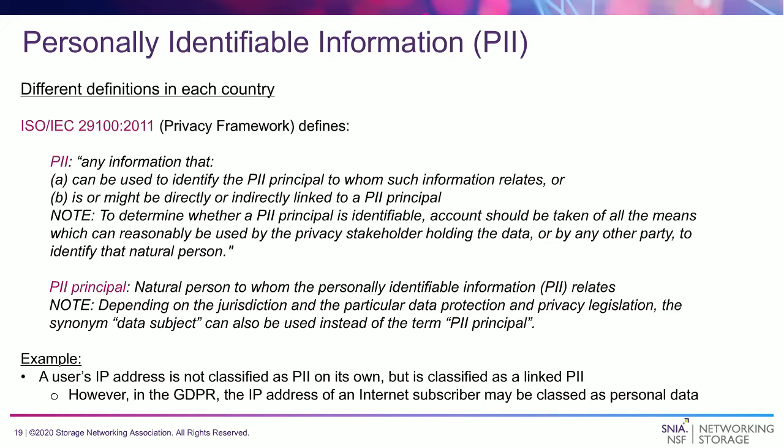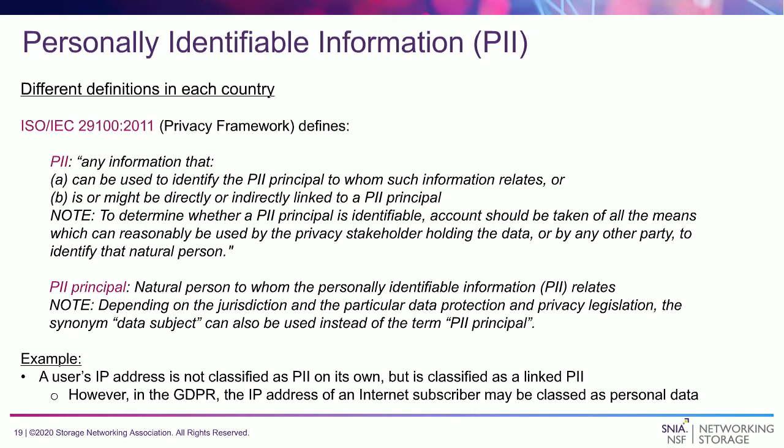The interesting thing about this and how it relates is, for example, and this is the example at the bottom of the screen, especially nowadays, because we have things like GDPR, which we'll talk about a little bit later.